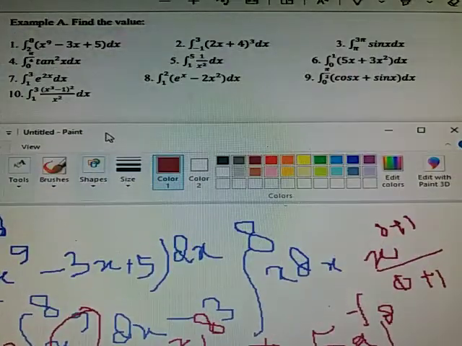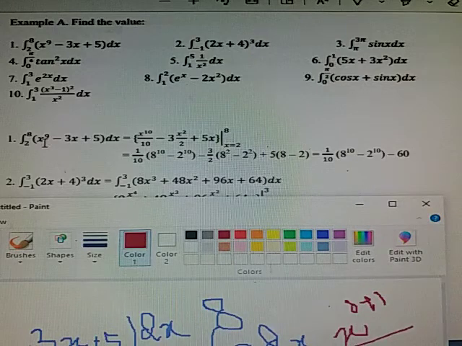So here what you are doing, we have solved this. So integration of x to the power 9 is x to the power 10 by 10, then minus 3, then it is x square by 2, then 5, it is x. So collectively we are finding this from 2 to 8.